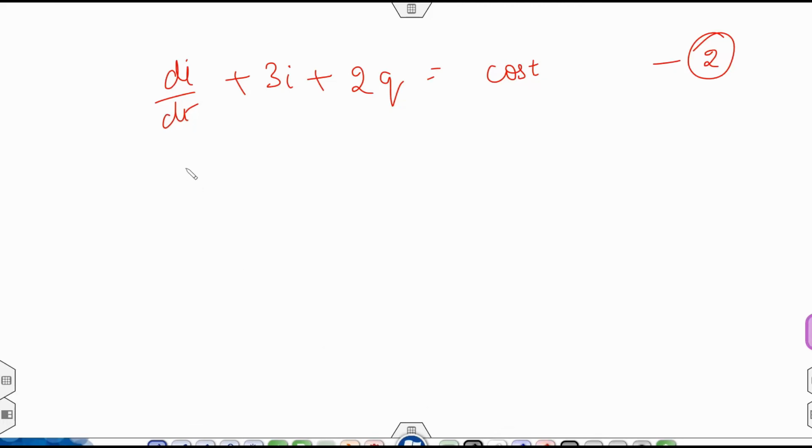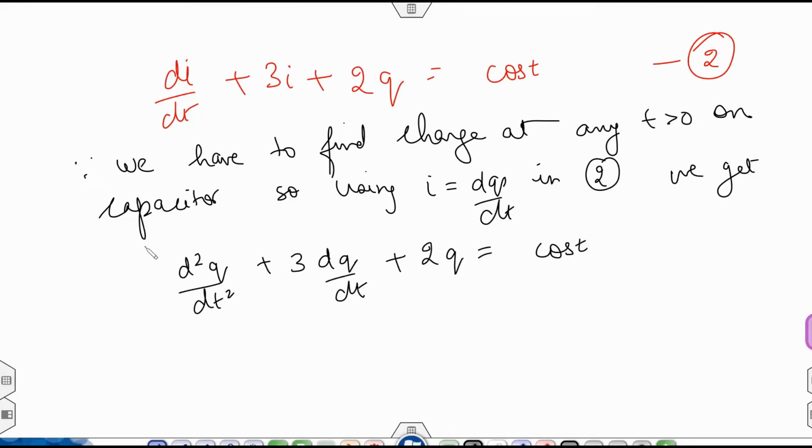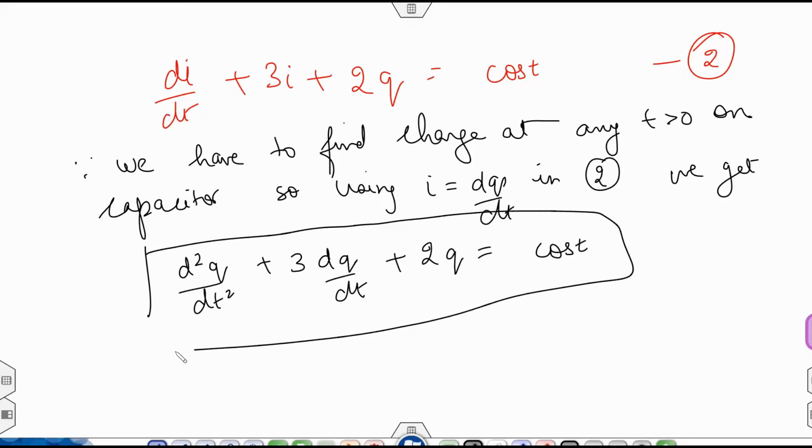Now since we have to find the charge, we need to convert i into q form. So we will use i = dq/dt in equation number 2. We get this differential equation.